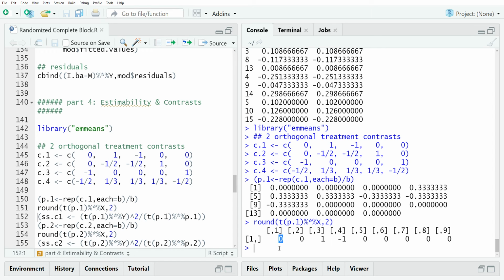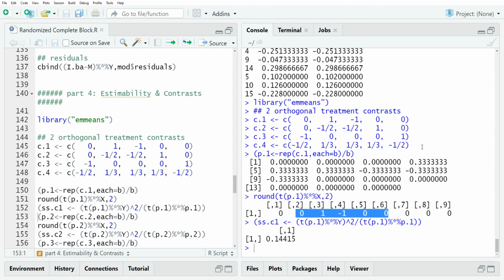This picks off, the first one picks off mu, the next 5 pick off the tau parameters, the next 3 pick off the beta parameters. But if we compare this section with our first contrast, they're the same. And they better be, because in order for this to be estimable, it has to be part of the row space. Now the sums of squares associated with the first contrast is this. I'm gonna just point you back to the video for this.